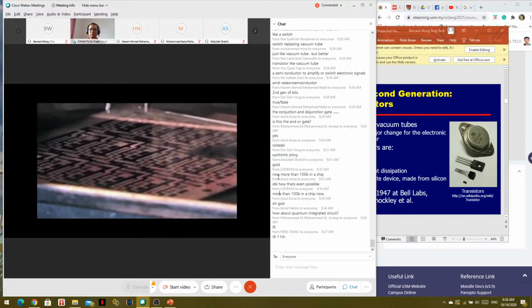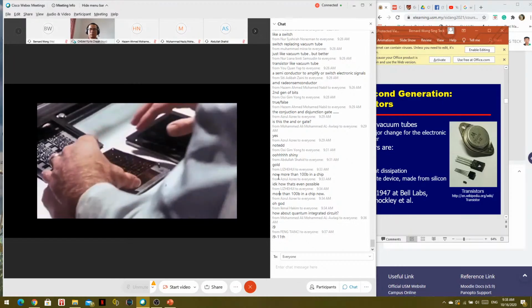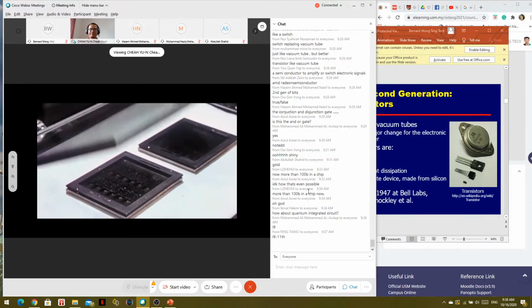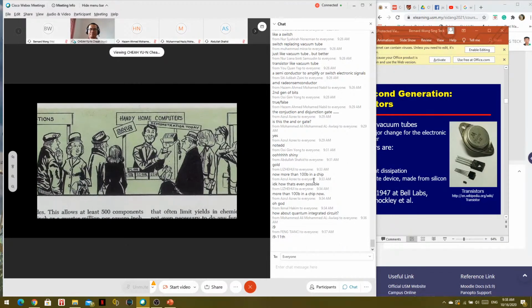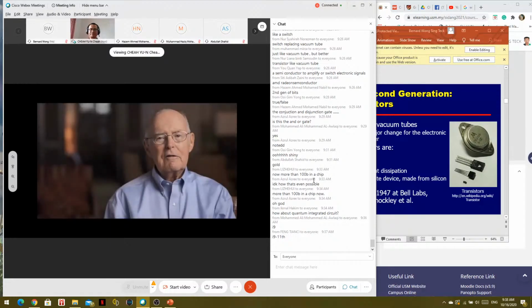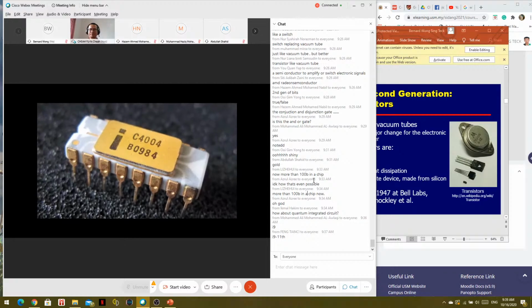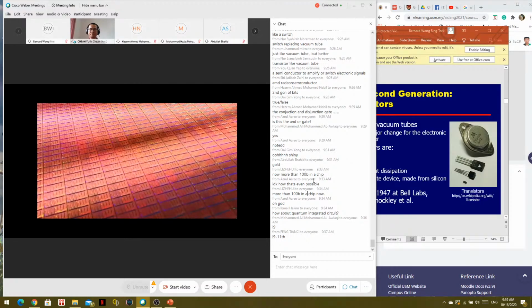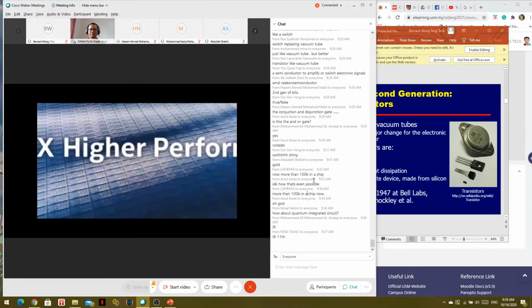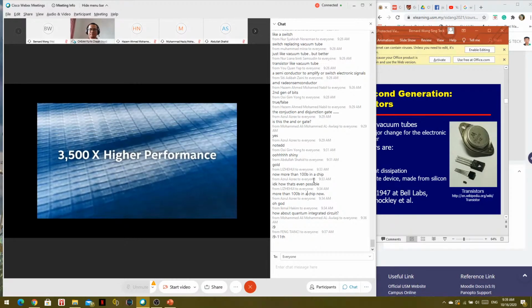The message I was trying to get across was that integrated circuits were the road to less expensive electronics. It really evolved from being a measure of what goes on in the industry to something that more or less drives the industry. If you compare the first microprocessor, Intel's 4004, to today's 14 nanometer processor, performance is now 3,500 times higher.